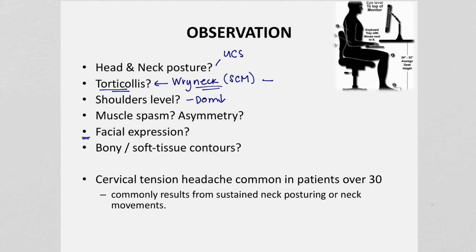And then last but definitely not least is we want to look at bony and soft tissue contours to make sure they're behaving the way that we would expect them to behave. If the cervical spine is injured, most often what we typically see is that the head tends to be tilted or rotated away from the pain. So let me say that again. In a cervical spine injury, the head is usually rotated and tilted away from the actual pain, and then the face is going to be tilted upward.